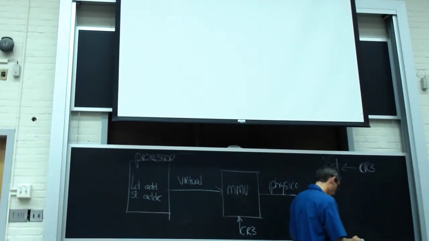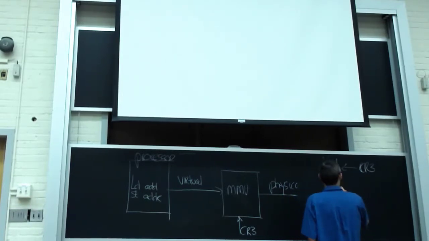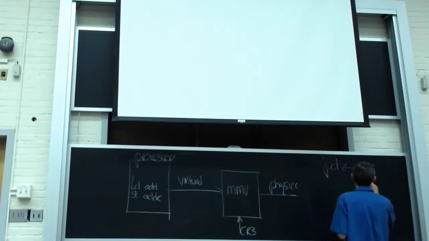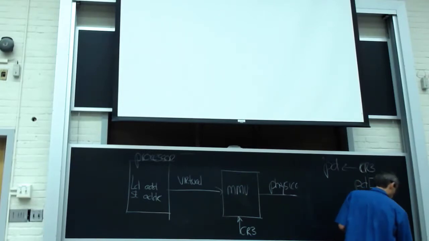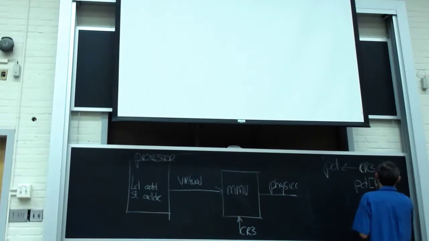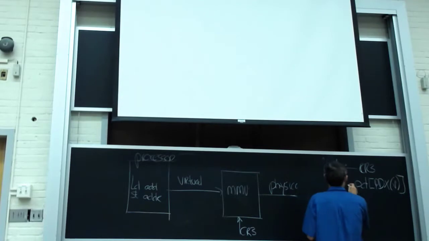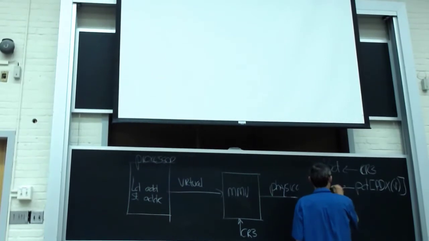And so you see a lot of code to perform this. So you take the page directory, and you index it with the top level 10 bits. I think the macro that we often use is PDX. Say this is the address. And that gives us a physical address of the page table.